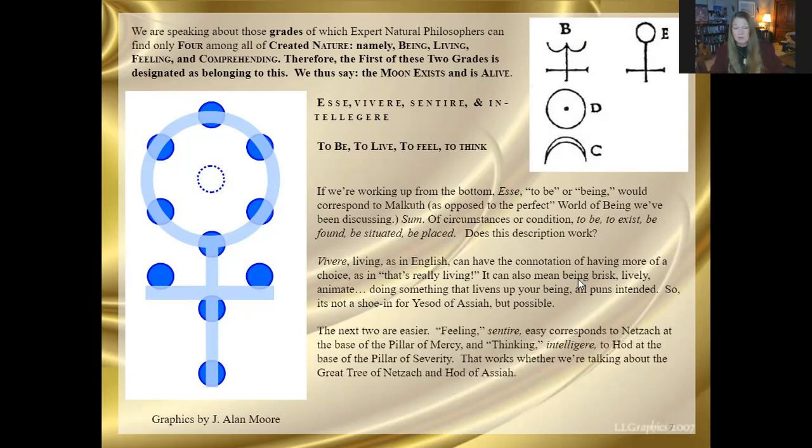Now the next two match perfectly, to feel and to think. If you make a correspondence between to feel and Netzach, whether it's in the great tree or the tree of Asiah, it fits just fine. If you consider it the bottom of that whole pillar, works fine. Hod, to think, correspondence works perfectly, whether it's the great tree or Hod in Asiah, or Hod as the bottom of a particular pillar on the polarized tree.